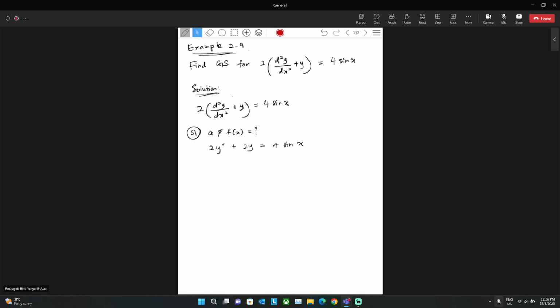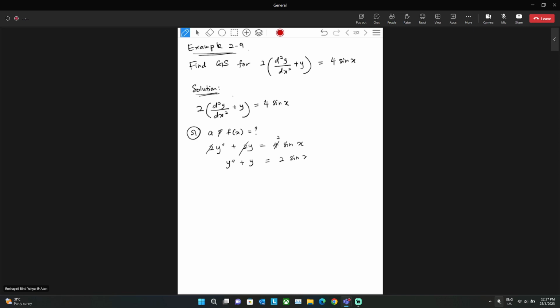Then you look at these 2, 2, and 4 so that you can cancel out these 2 on your left hand side. So on your right hand side becomes 2. So this equation becomes y double prime plus y equal to 2 sine x.